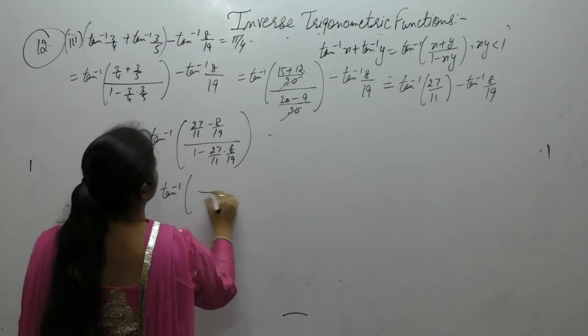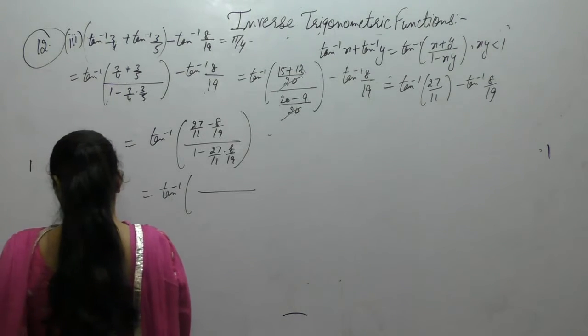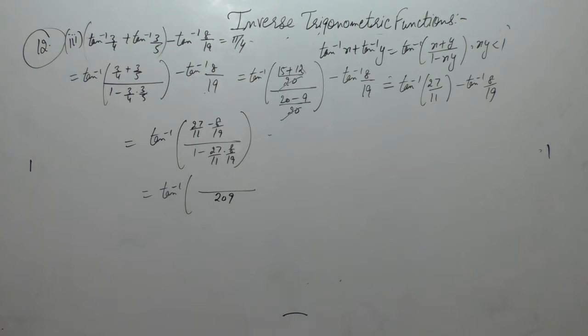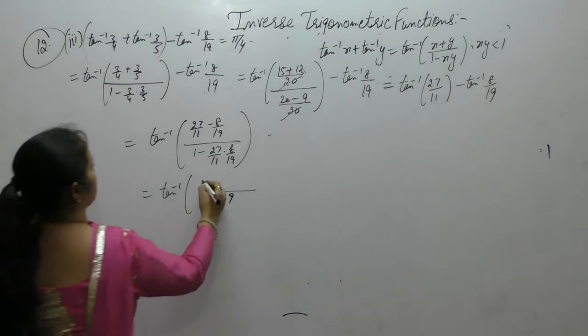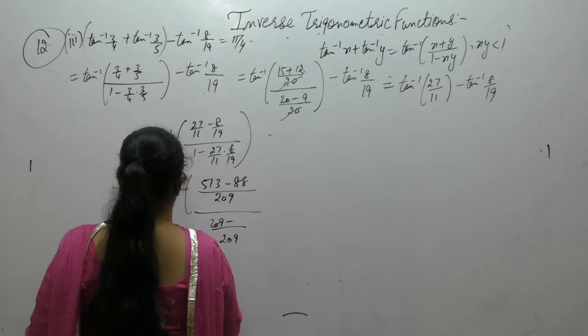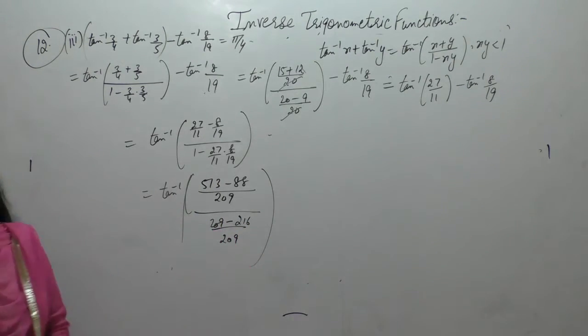So tan inverse 19 into 11, 19 into 27, 11 into 8, minus 27 into 8. So what we get?